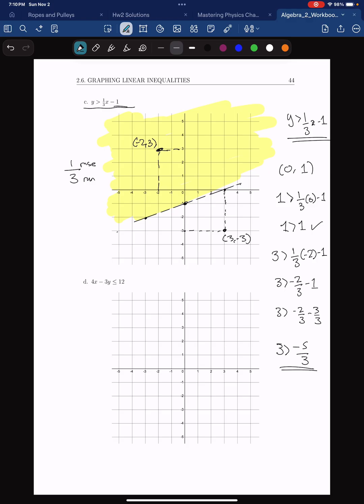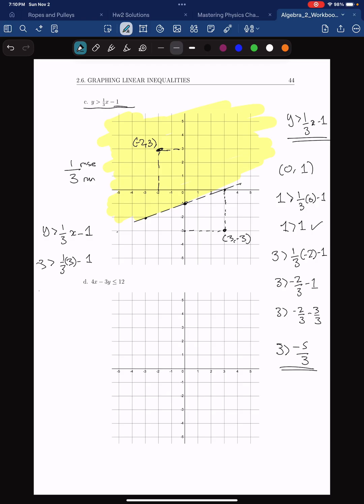So I'm going to write my equation right here. I know my x is 3. So it's going to be 1/3 times 3 minus 1 will be less than, that was my y. My y is negative 3.